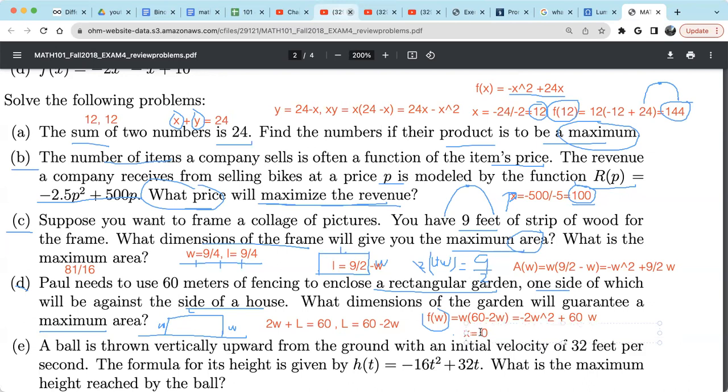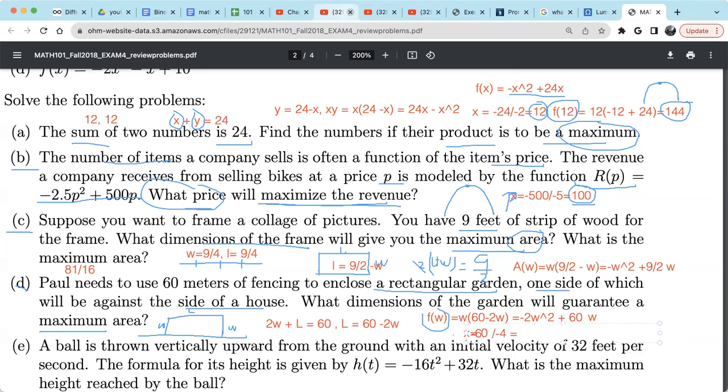So x equals negative b, which is negative 60, divided by 2a, 2 times negative 2, which is negative 4.